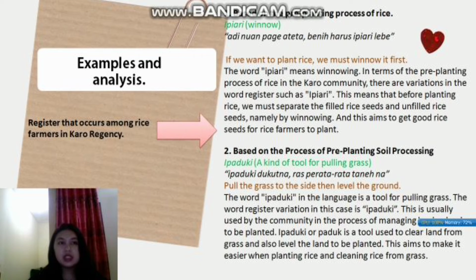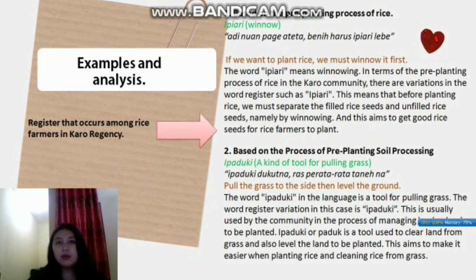Example and analysis of register. Register that occurs among rice farmers in the Karo Regency. First, the process before planting rice. Ipiari or Rino. Sentence in Karo: Adin wan pagi atita, benih harus ipiari lebih. Sentence in English: If we want to plant rice, we must winnow it first.